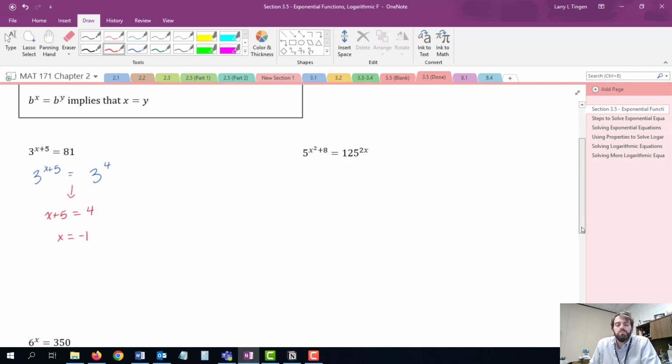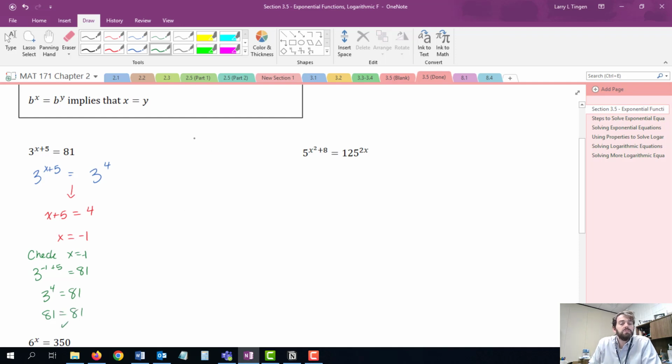And then we want to check. The way you check is you go back to the original, plug in, and see if you get equality. 3 to the x plus 5 is equal to 81. X is -1. -1 plus 5 is 4. 3 to the 4th is 81. 81 is 81.